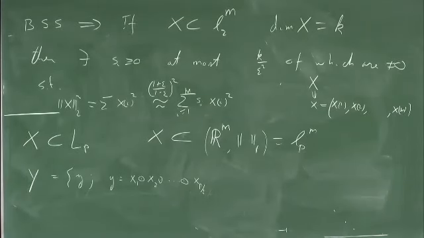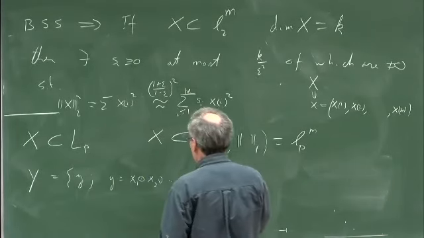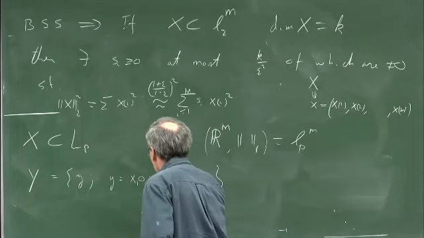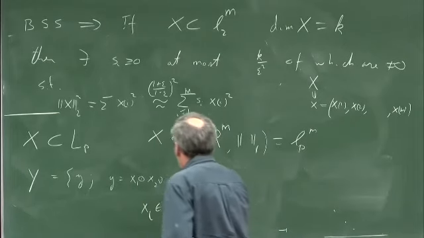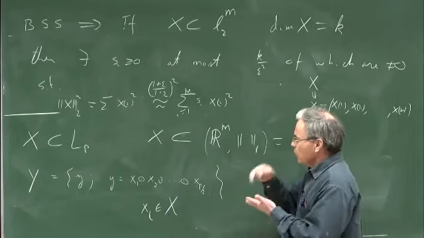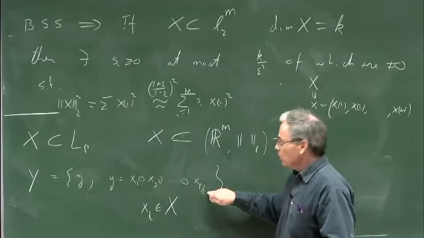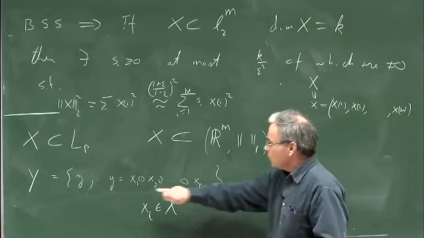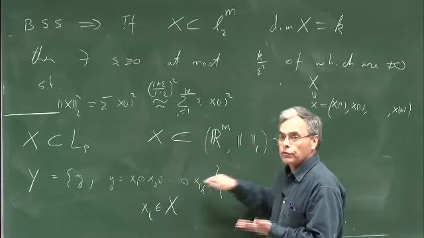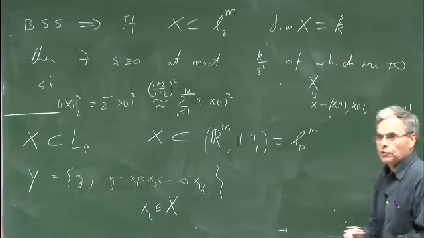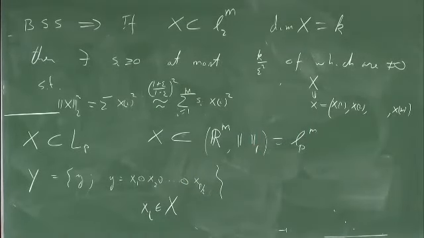I look at p over 2 copies of x and take vectors from each of them. The xi's are vectors in x, and multiply them pointwise, multiply the coordinates, okay? So this is my notation for multiplying the coordinates. The first coordinate of the product is just the product of the first coordinates. Very simple multiplication, kind of kindergarten multiplication, okay? Just pointwise multiplication. Is it clear what Y is?